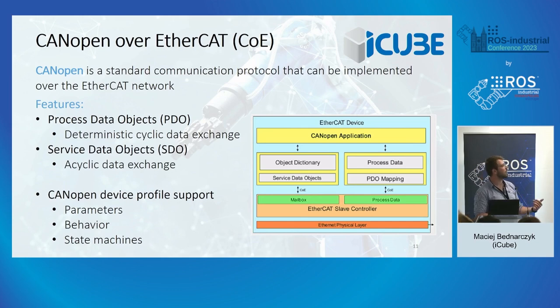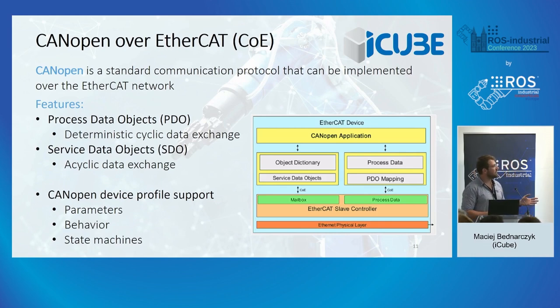And also service data objects, which are transferred via a mailboxing system, are acyclic data exchange that can be triggered. For example, if you want to get additional information on the drive, or if you want to configure your drive.